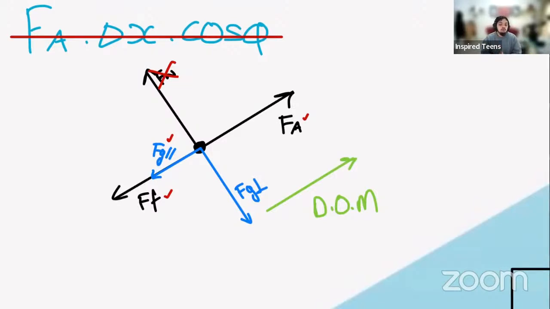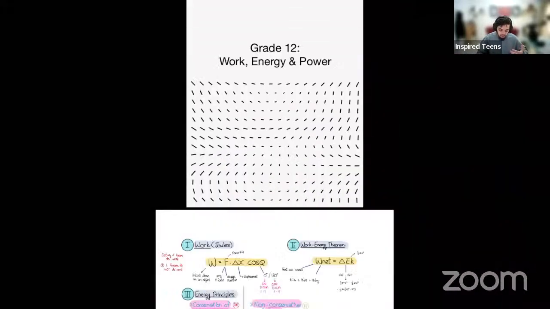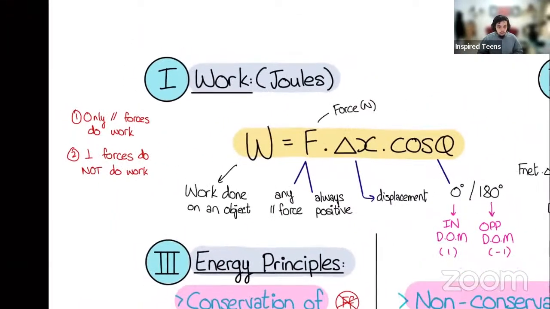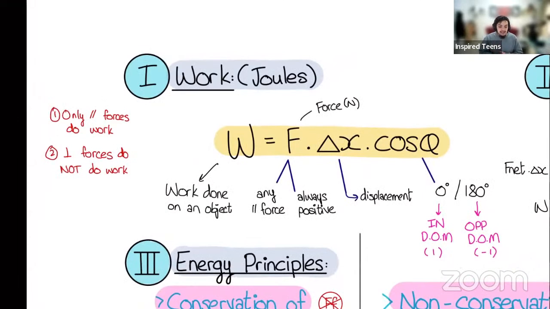In order to substitute a force into the work formula, into W net, it needs to be parallel to the direction of motion. If it is not parallel to the direction of motion, it does not do work. Remember, we discussed it here: work done on an object, and the force is any parallel force. And if you look on the left, only parallel forces do work.